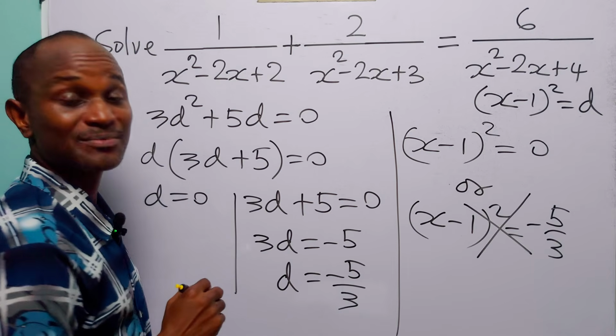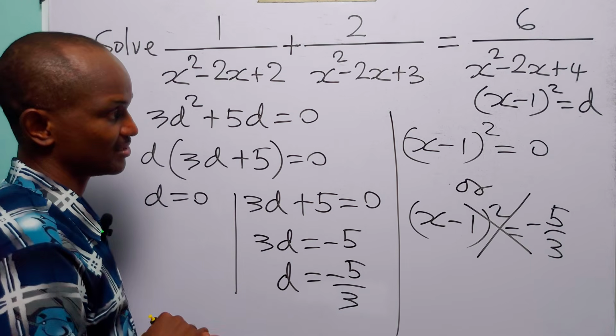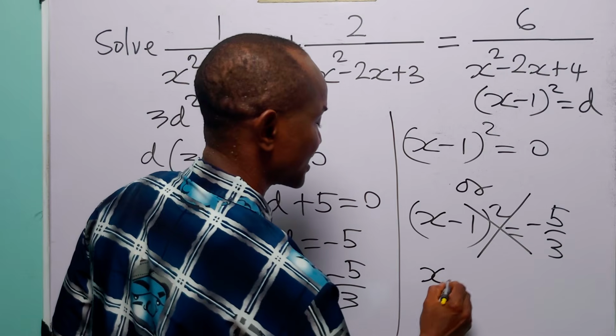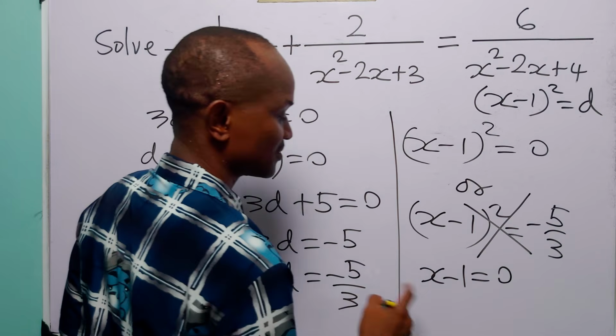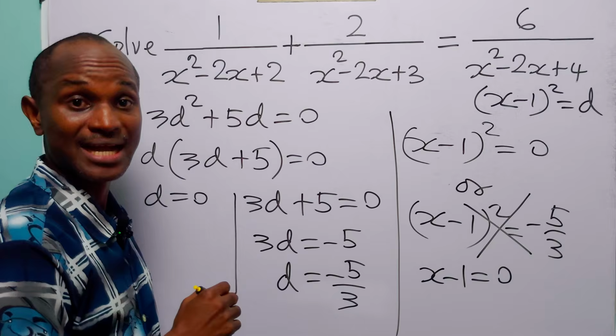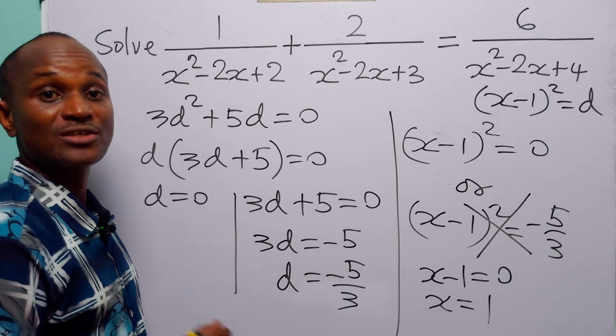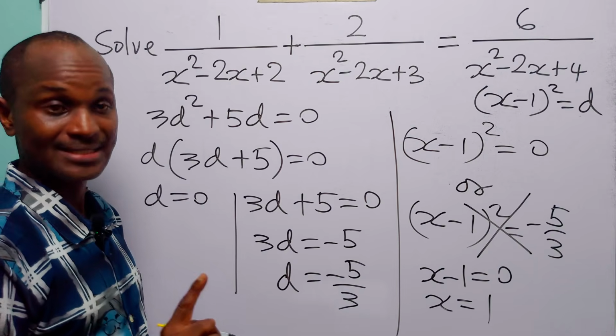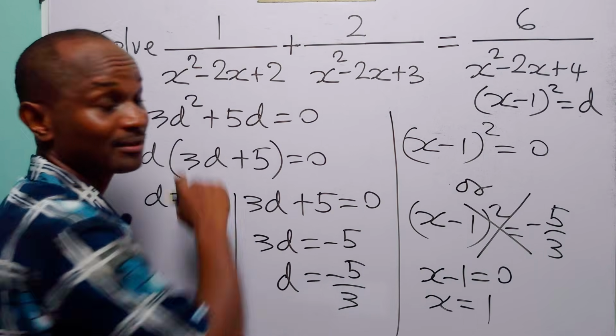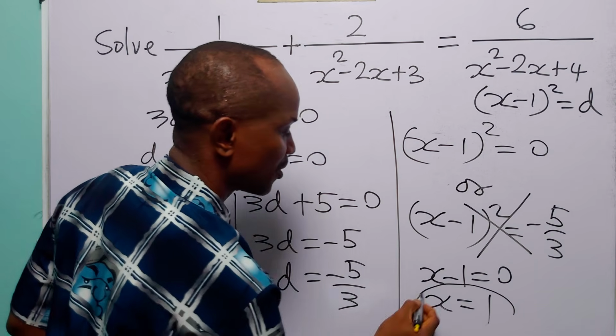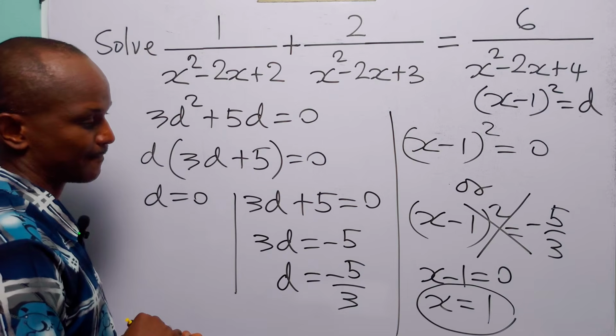We only have that x minus 1 squared is equal to 0. And of course, from here, we have that x minus 1 is equal to 0. Adding 1 to both sides of this equation, we have that x is equal to 1. So the only real value of x that satisfies this rational equation is x equal to 1.